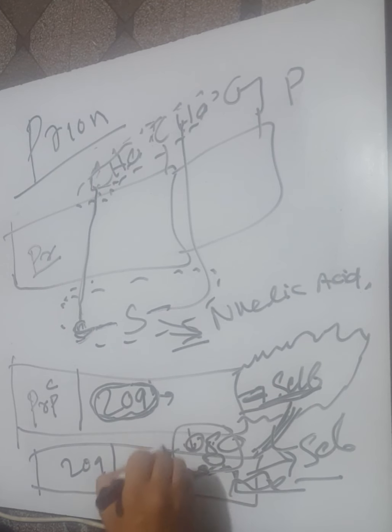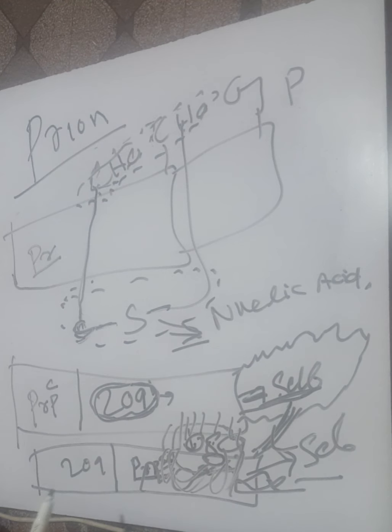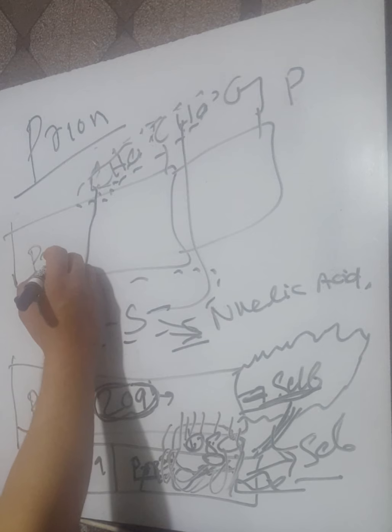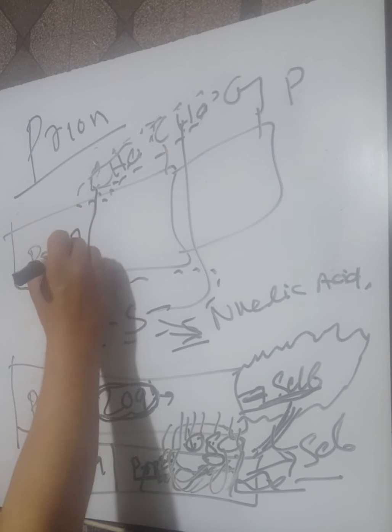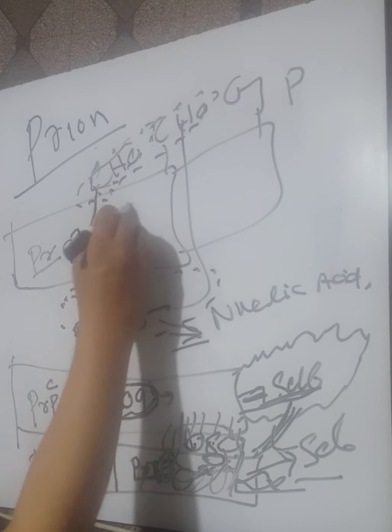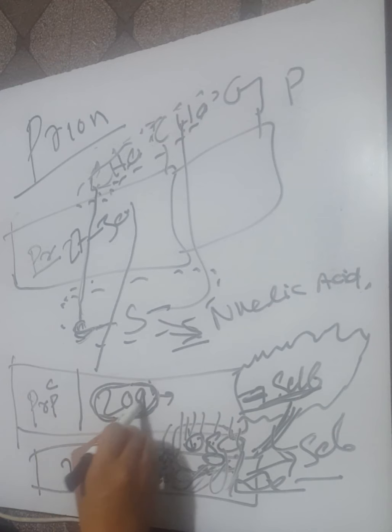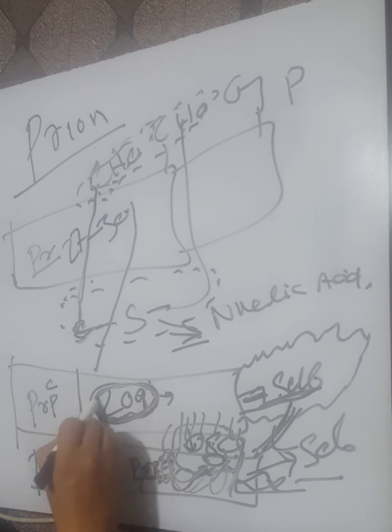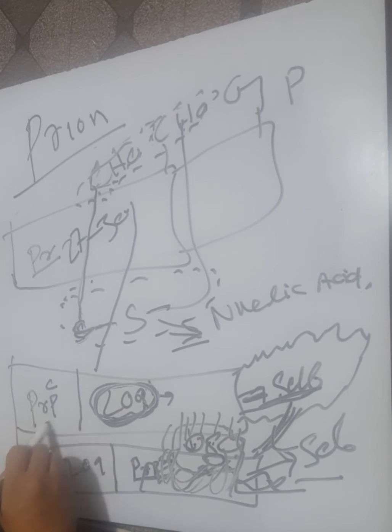This is the dangerous structure of the prion, and they are neurotoxic. The PRP normally contains 27 to 30 amino acids, but this loses the nucleic acids, self-propagates, and there are 209 amino acids in the PRPC.